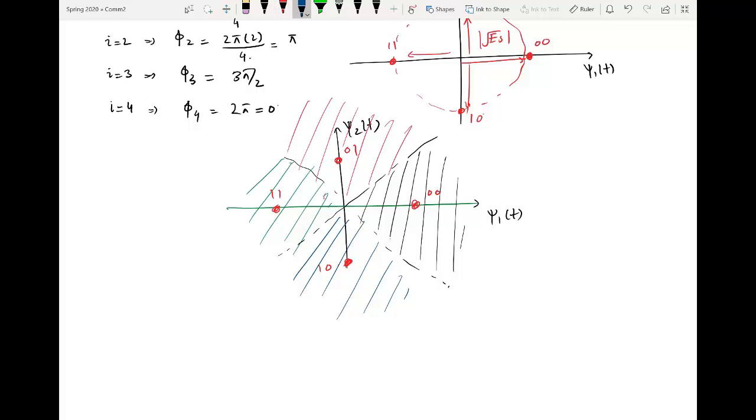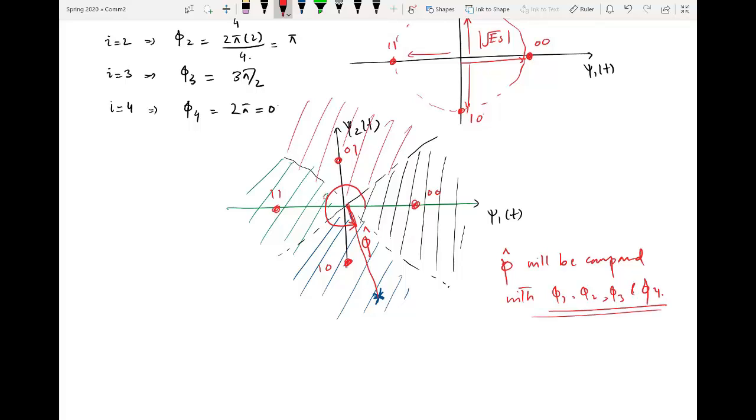For example, the received symbol impinges here in the form of a star. Now you see, we will find its angle. We will find the angle of this received symbol. This angle of the received symbol is basically phi hat, right? So this phi hat will be compared with phi 1, phi 2, phi 3, and phi 4.